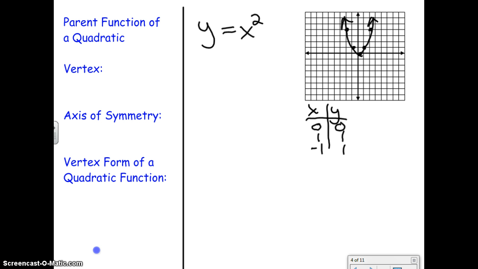So we've got a teeny little point right here at 1/2 and 1/4. So it starts to make a U shape known as a parabola. So we're going to say the shape is called a parabola. P-A-R-A-B-O-L-A, parabola.